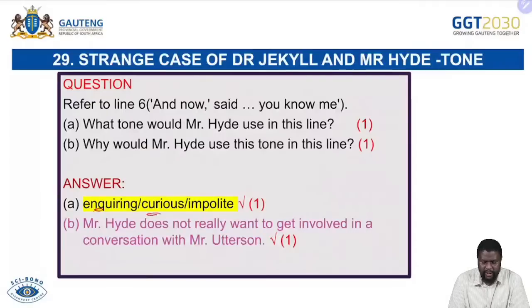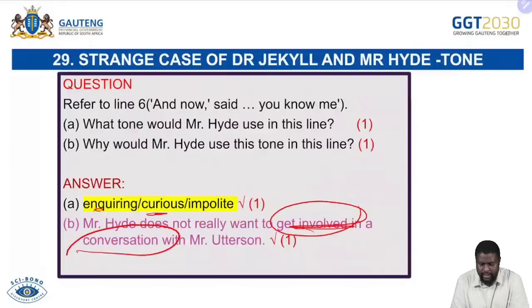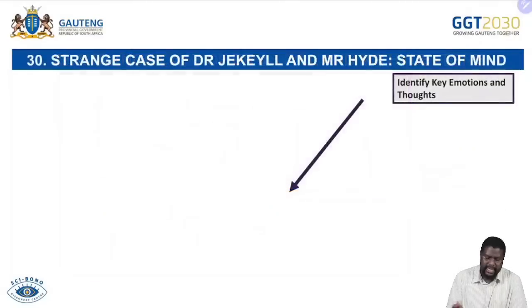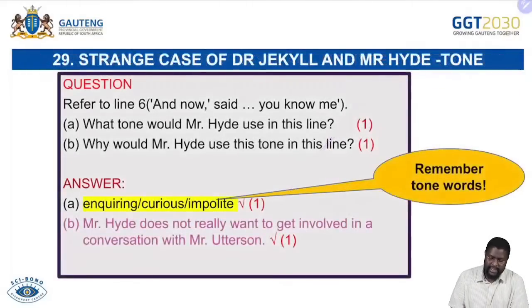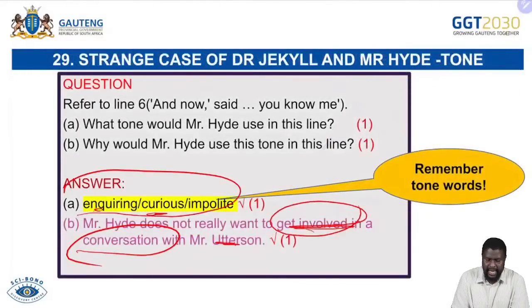So he is inquisitive, he's curious because he doesn't really want to get involved in a conversation with Utterson. He's not willing to have this conversation. That is why he is being impolite. Now remember these words, very important. Give the word, the tone, feeling of the character, and give the reason for it.